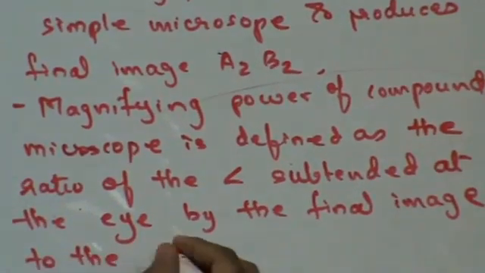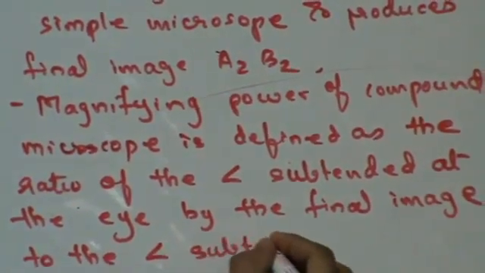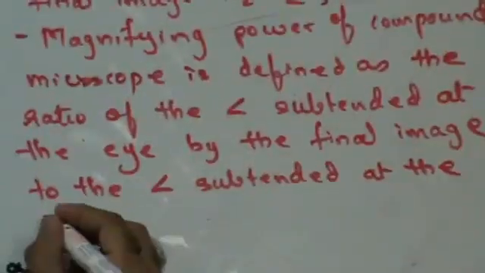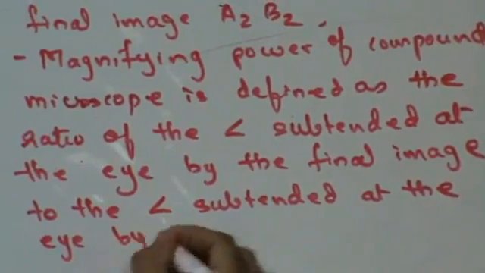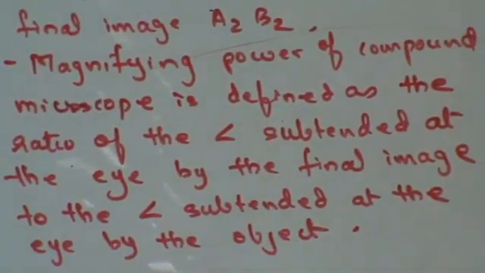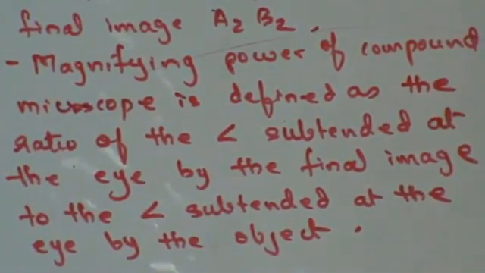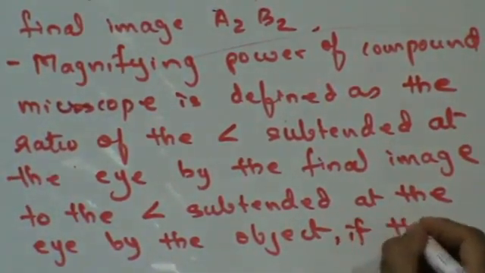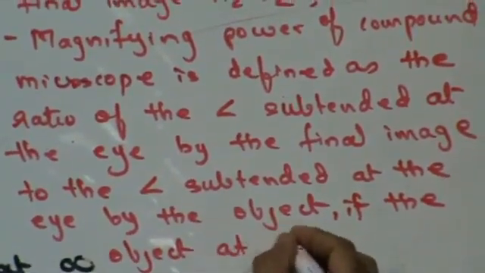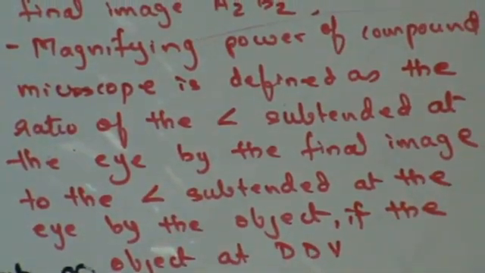Fine, do we get this in here? If the object is at the distance of distinct vision, right? So it's the same thing that you had for simple microscope. Now let's define our angles.